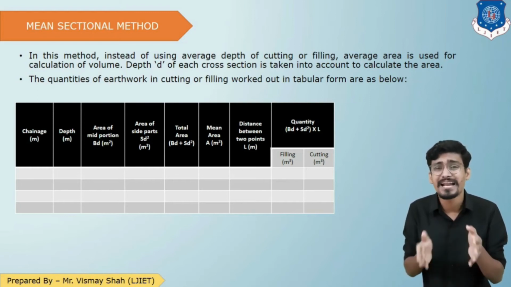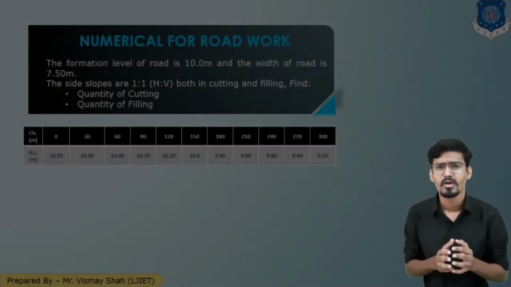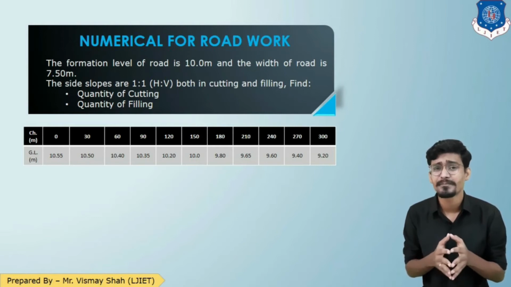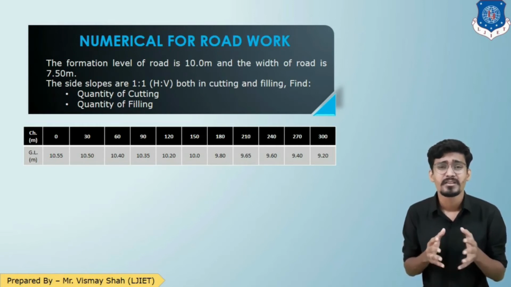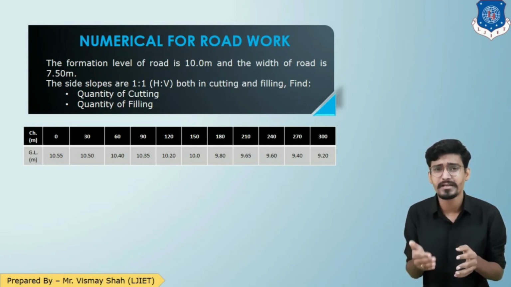So now let us see a numerical to clear up all the concepts of quantity calculation of road work. As you can see in the question, the chainage and ground level data are provided. For chainage 0 meter, the ground level is 10.55, then for 30 meter it is 10.50, and so on.